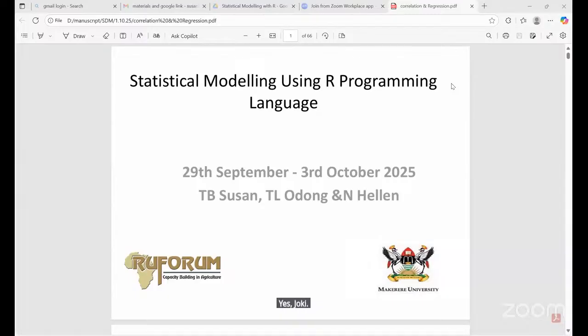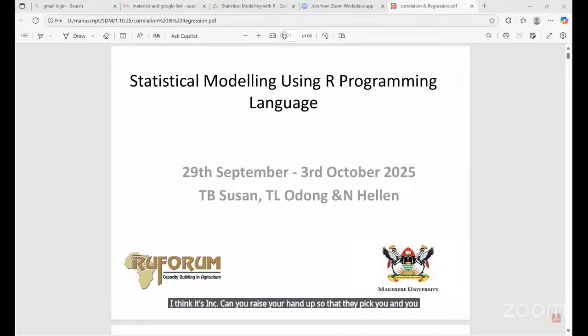Dembure, how did you fail to run a single line today? Oh, somebody has a question? I think he's saying, Dembure, can you raise your hand so that they pick you and you show us your screen during this break.